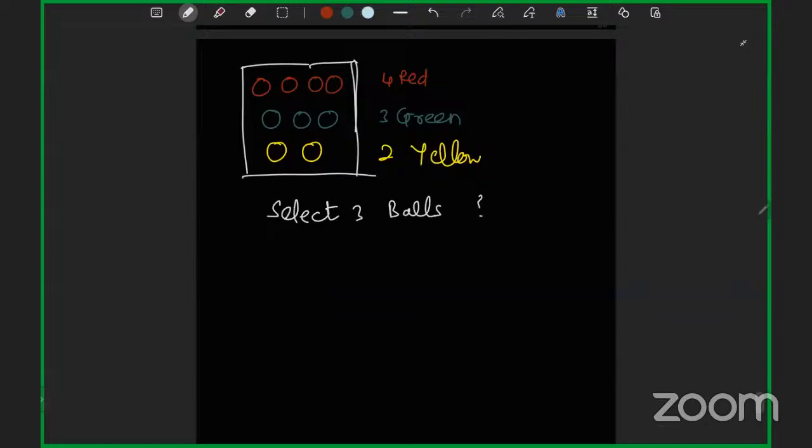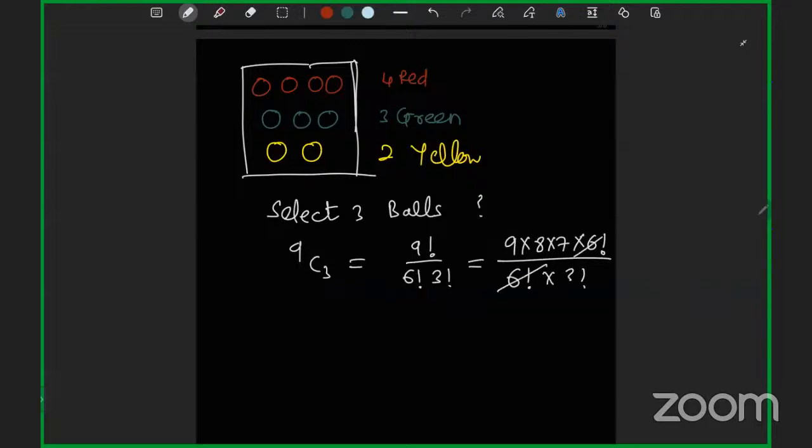4 plus 3, 7 plus 2, 9. And out of 9, I want to select 3. So this is the answer: 9 factorial over 6 factorial and 3 factorial. You will get 9 into 8 into 7 into 6 factorial divided by 6 factorial into 3 factorial. So 6 factorial will get cut off. 3 factorial is 3 into 2.